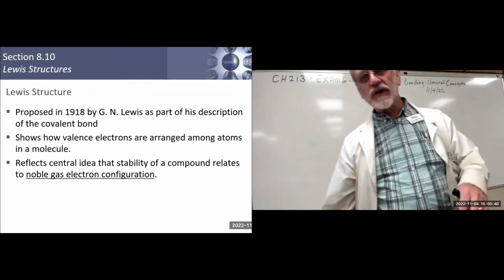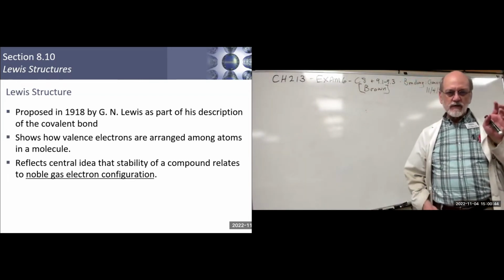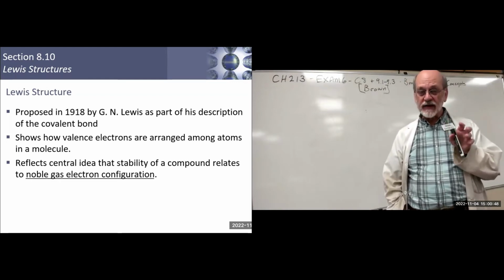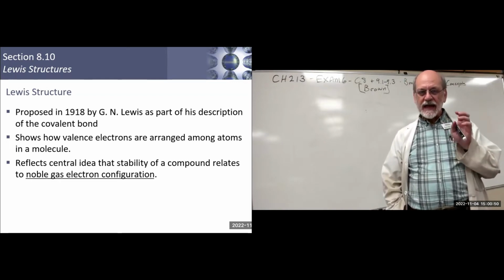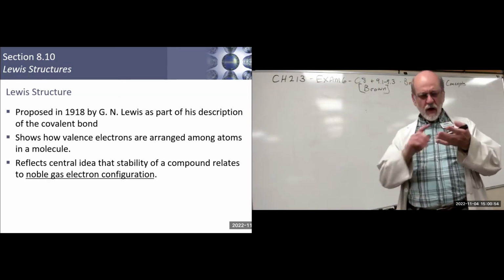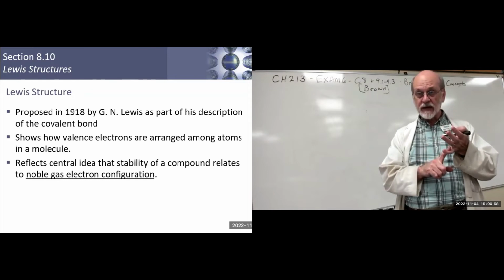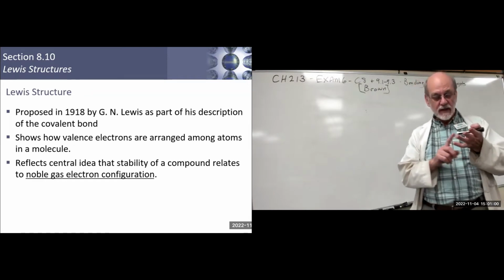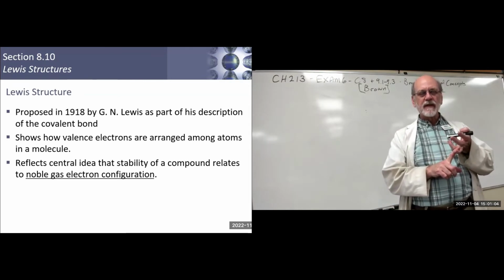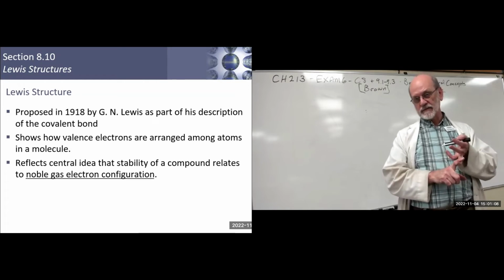G.N. Lewis was an American chemist, and he was working with compounds that he knew were covalently bound. And he had this idea that only the valence electrons were involved in the bonding, right? The valence bond theory. And that there were only so many valence electrons available.